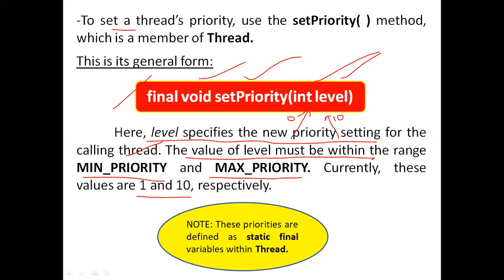We have a small note here. These priorities are defined as static final variables in the Thread class. Thread is a class, so it will contain variables and methods. MIN_PRIORITY and MAX_PRIORITY, as well as NORM_PRIORITY, are all present as variables in the Thread class.